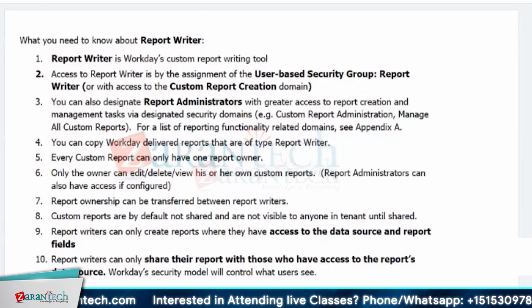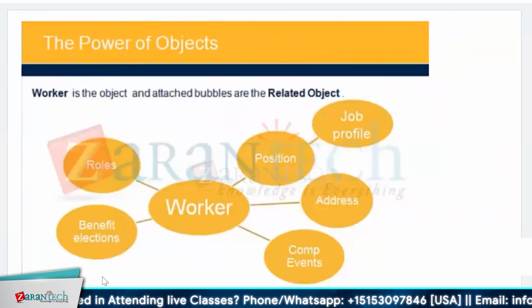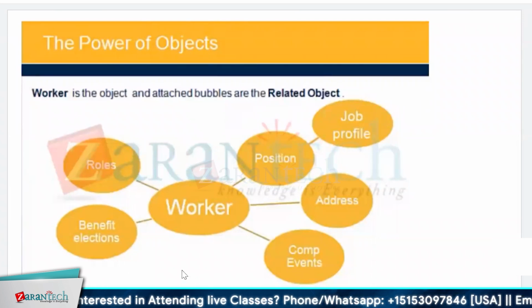All right. And as we talked about at the beginning of this course, everything is an object, to make sure that it's actionable, and then everything is tied together as related business objects. So for worker, you might have key information on there, but anything related to the position is another object.